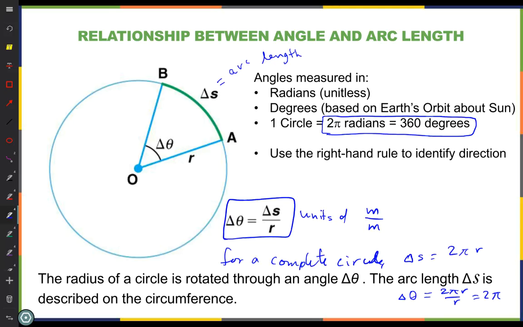And so the way the right-hand rule works in this first iteration is you take your right hand and you simply wrap your fingers the way things are rotating, and the direction your thumb points is the direction we apply to that angle.